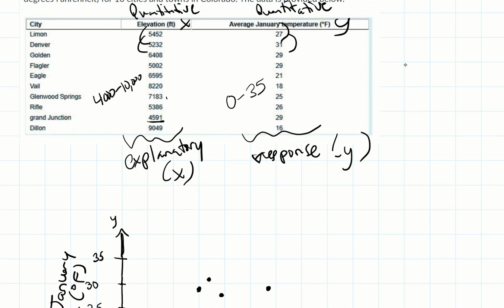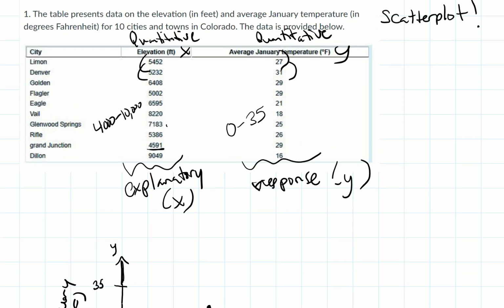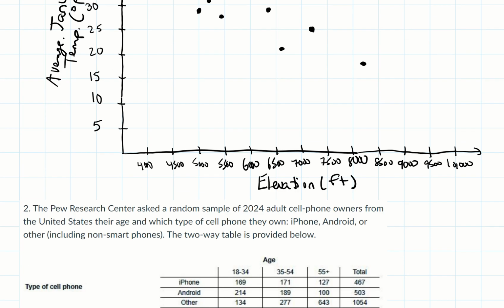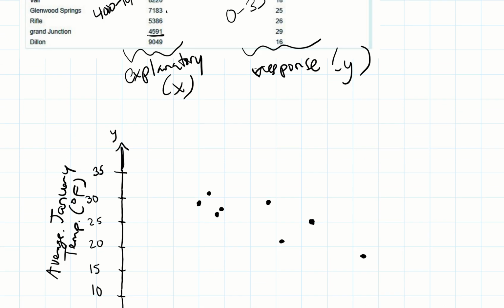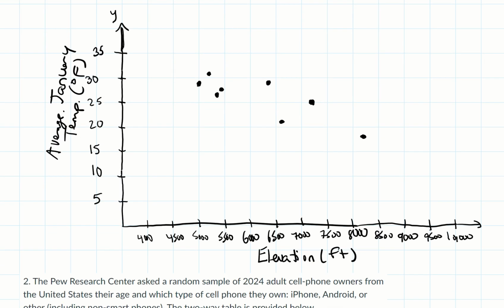About a little over 7,100, so almost 7,200. 25. 5,426. 4,629.